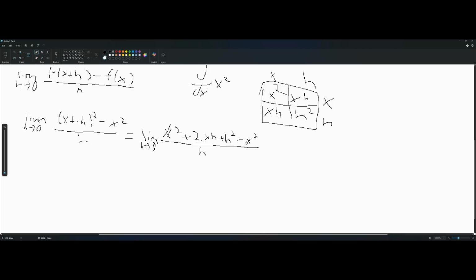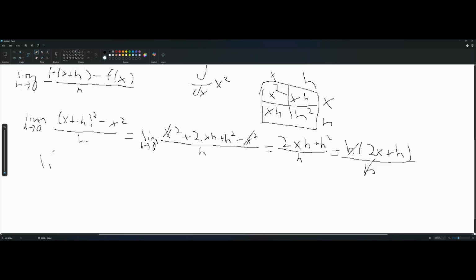So these x squared terms will cancel out and we get 2x plus h squared over h, and we can actually rewrite this as h times (2x plus h) over h, and these will cancel.